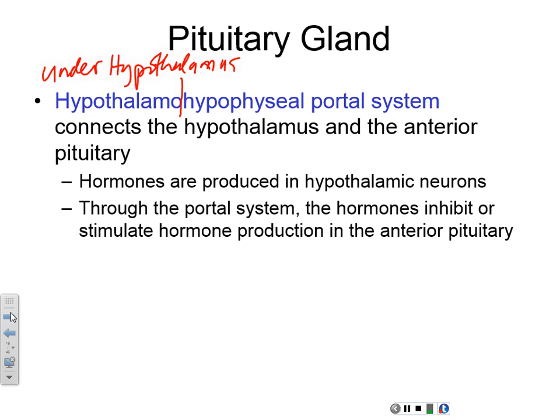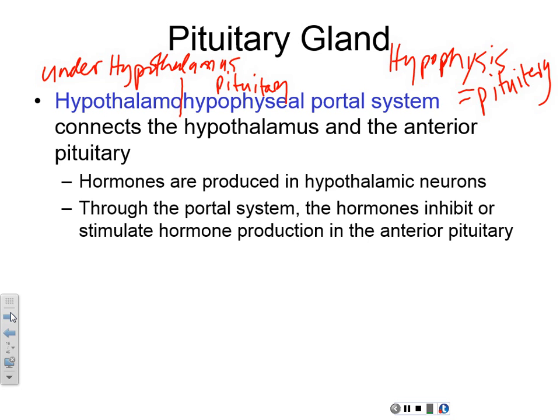Hypophyseal equals pituitary. Hypothalamus pituitary doesn't sound good. So you say hypothalamo-hypophyseal. Oh, that sounds really nice, doesn't it? So they use that word. So this just means pituitary. So don't let it trick you guys. That's all it is. You split it into those 2 words.